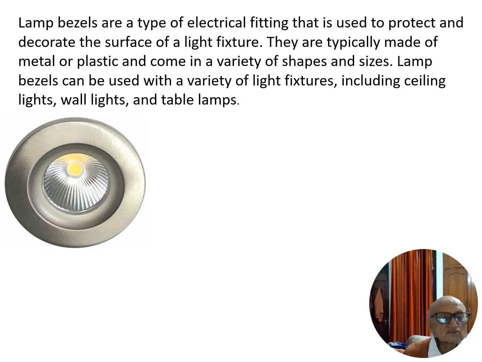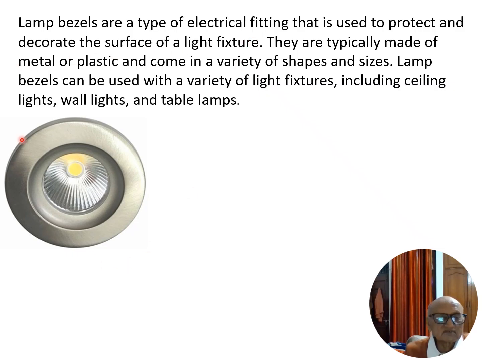Friends, this particular circular item is known as lamp bezels. Lamp bezels are a type of electrical fitting that is used to protect and decorate the surface of a light fixture.